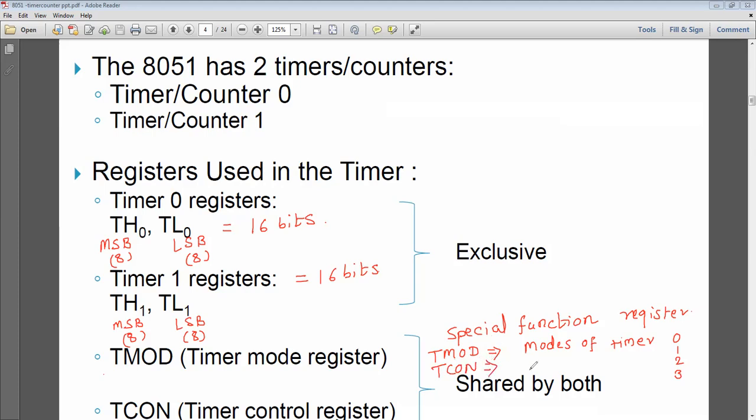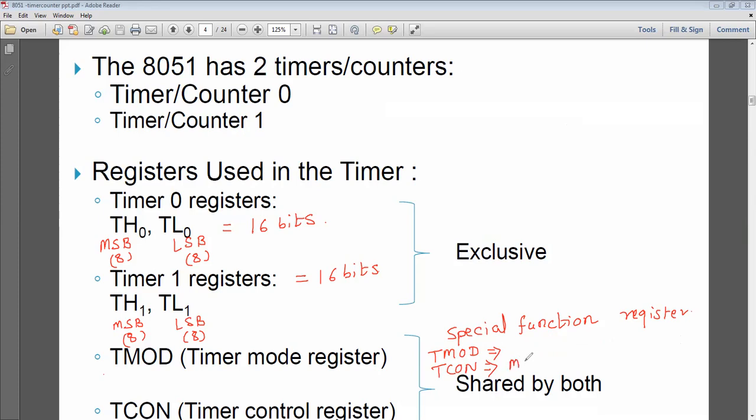The TCON register is basically the timer control register. It is mainly responsible for turning the timers on and off, that means to run the timer or to stop the timer. The TCON register is responsible for two operations.